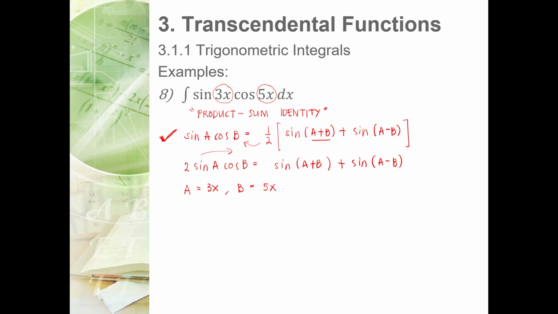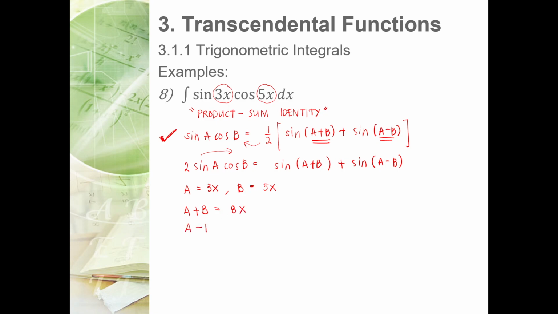So notice that there's an A plus B expression here, and an A minus B expression on its counterpart in the identity. So A plus B would be 3 plus 5, which gives us 8x.